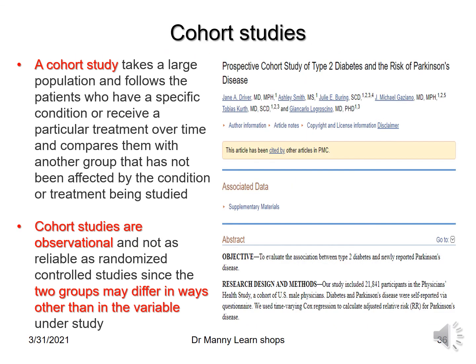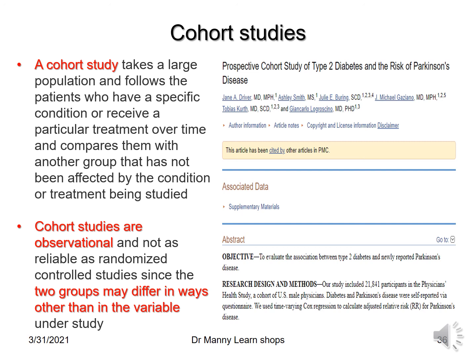Then you've got cohort studies. Cohort studies take a large population into consideration, and it follows a specific patient with a specific condition, say for example diabetes mellitus type 1. And it follows that patient and a particular treatment over time and compares them to another group that hasn't been affected by the condition.